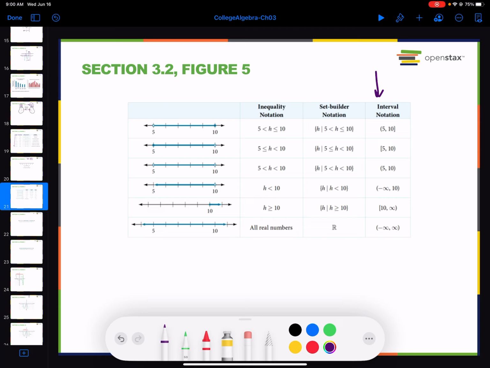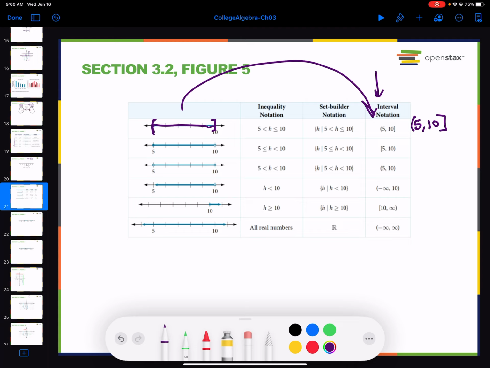So if you've got an open circle on the 5 in that first line, that's going to be your open parenthesis. And then you've got a solid dot on the 10, so that's going to be a square bracket. And then you've got your values in between. And then if you can see, that goes straight into your interval notation. So now you've got your open parenthesis on your 5 and a closed bracket on your 10.